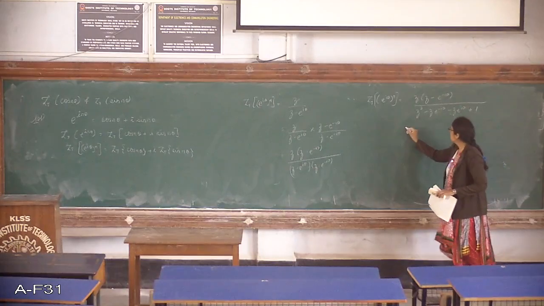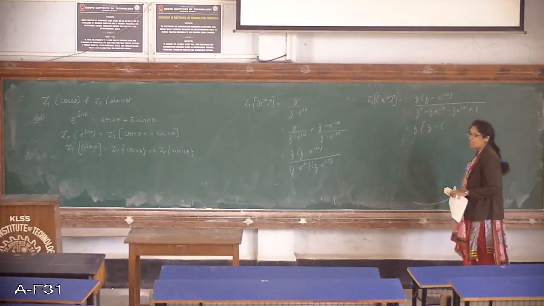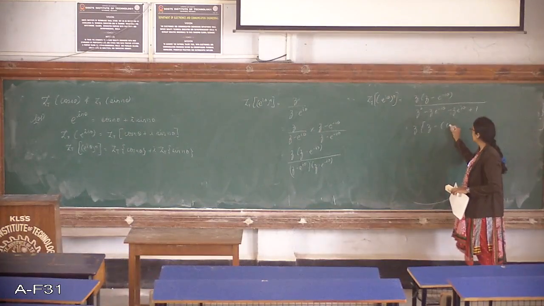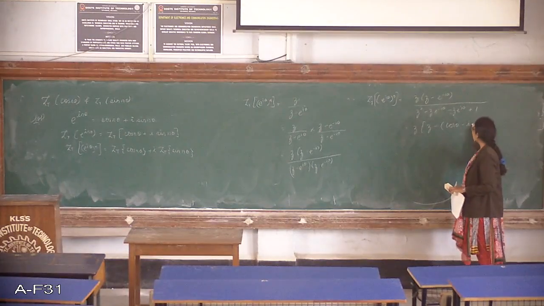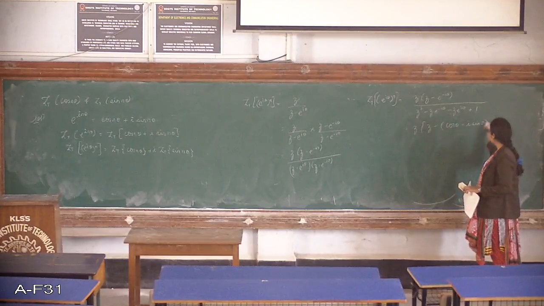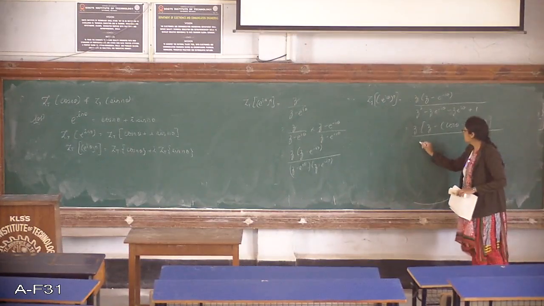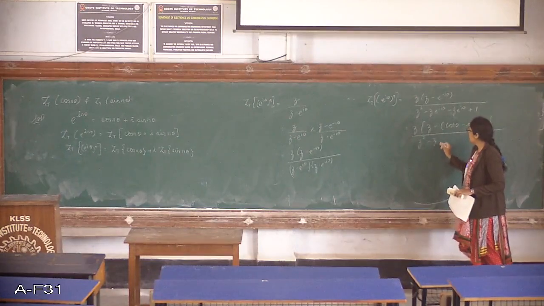So this will be z into z minus, and we know that e raised to minus I theta is nothing but cos theta minus I sin theta, divided by, this will be a z square here. I can take a minus z common.